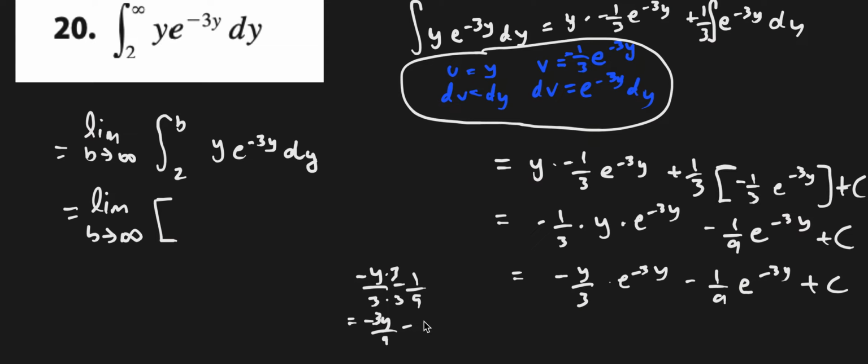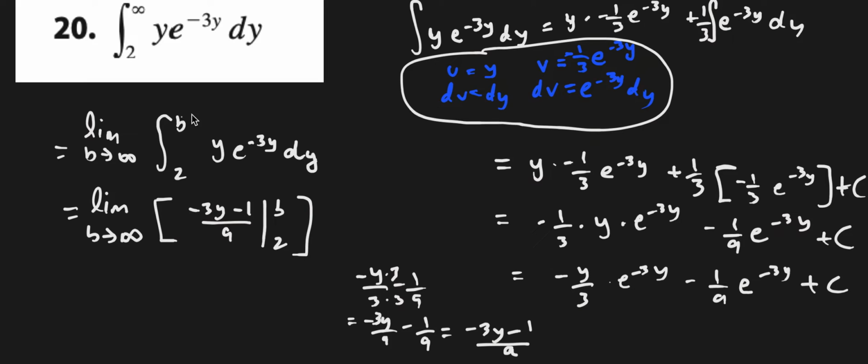Negative 3y by 9 minus 1/9 is negative 3y minus 1 by 9. Let me double check that I didn't make any mistakes. Negative y by 3 minus 1 by 9 is negative 3y by 9 minus 1 by 9, yeah, this is right. So this can be written as negative 3y minus 1 by 9, evaluated at b and at 2.